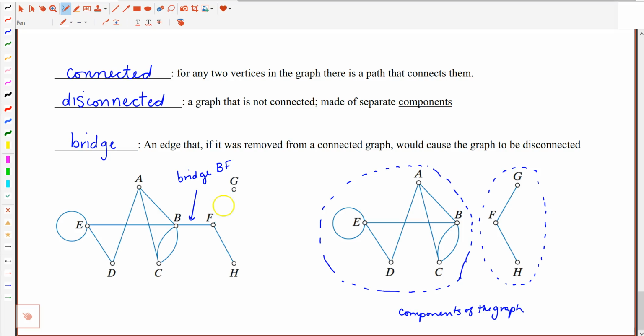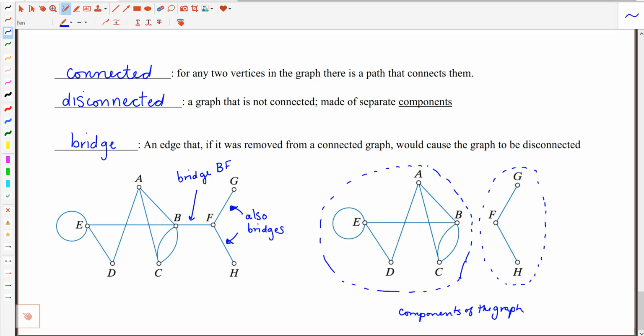Now G is no longer connected to the rest of the graph. So that edge ends up being a bridge. The same thing goes for this edge down here, from F to H. So these edges right here are also bridges. If those edges were removed, it would cause the graph to become disconnected.